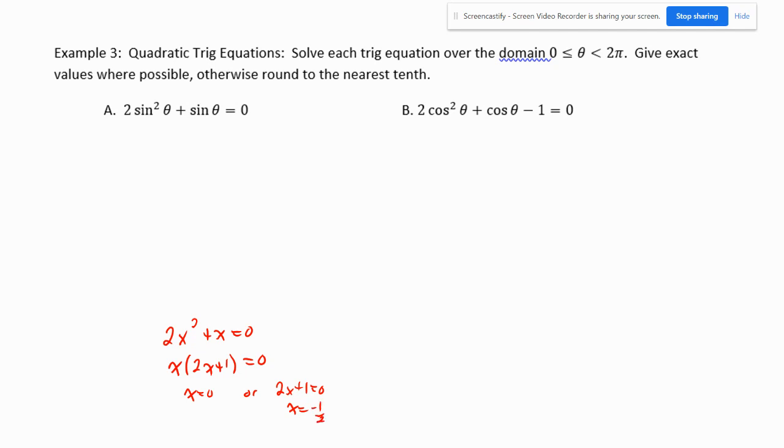Okay, so same idea over here, except we're going to factor out a common factor of sine. So that means either sine theta equals 0 or 2 sine theta plus 1 equals 0, and that means sine theta equals negative 1/2.